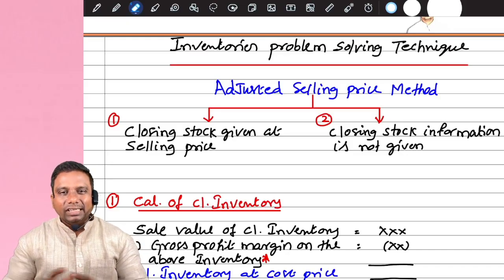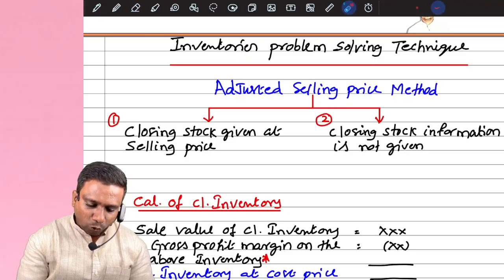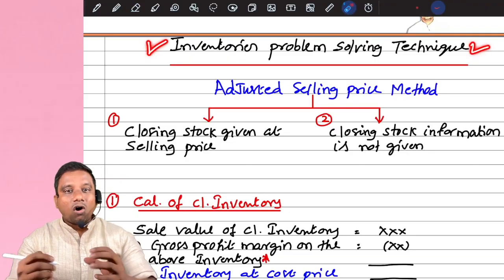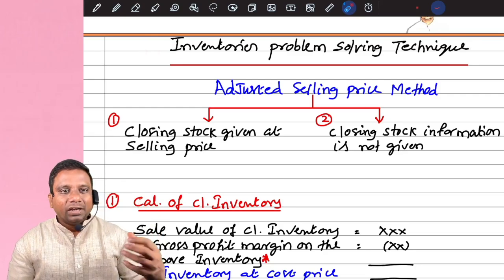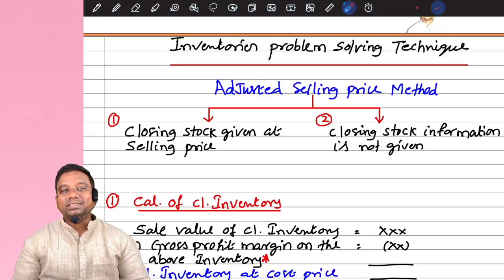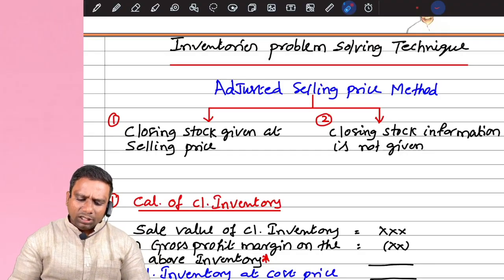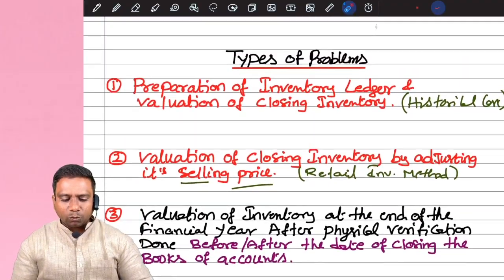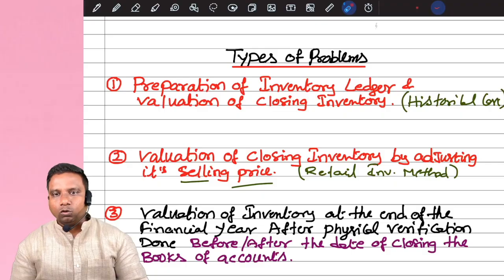Now we discuss inventories problem solving technique. Already we have discussed BRS problem solving technique and rectification of errors problem solving technique. Now we are going to discuss inventories problem solving technique. Normally we have different types of problems. First one is preparation of inventory ledger and valuation of closing inventory.